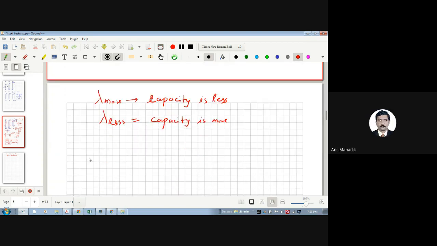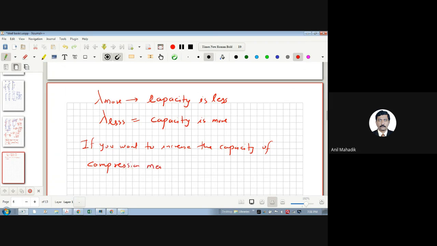So if you want to increase the capacity of a compression member, what will you do? What to do?